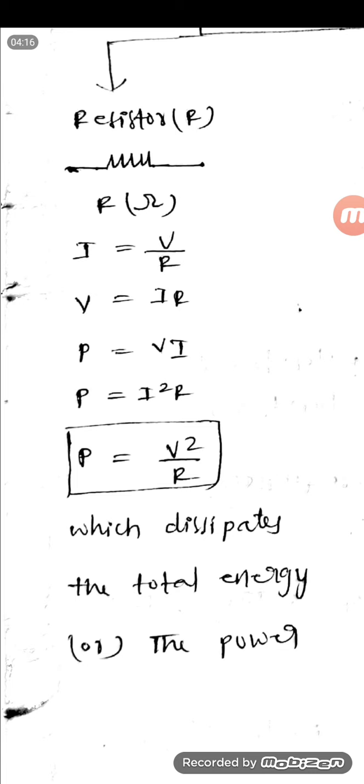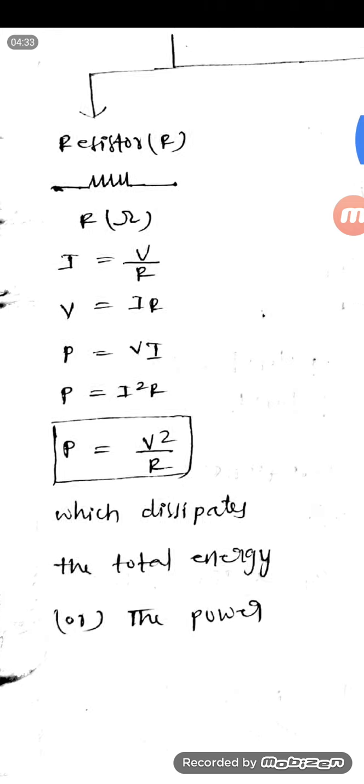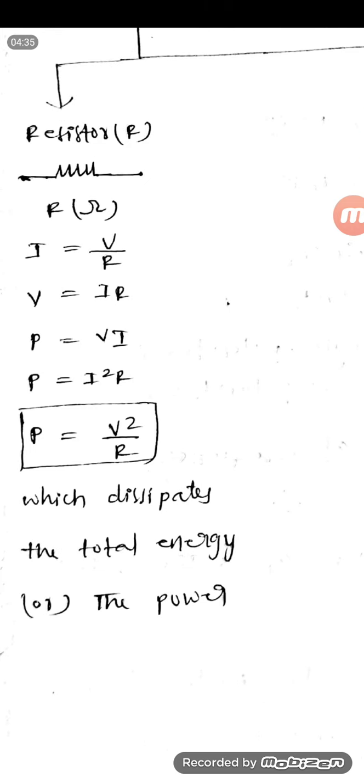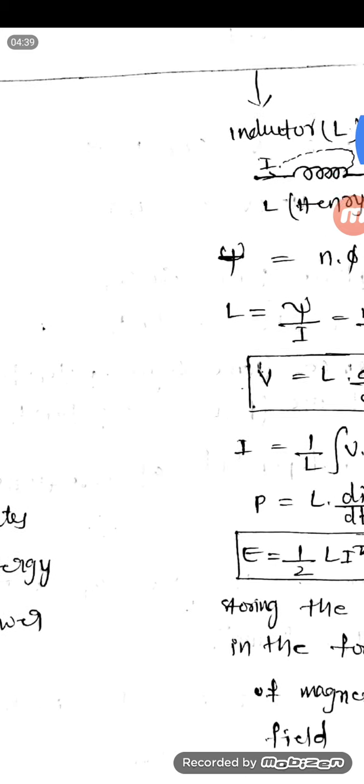Here also, whatever energy is absorbed by the source, the resistor dissipates everything at the end of the circuit. So the resistor dissipates the total energy of the circuit.